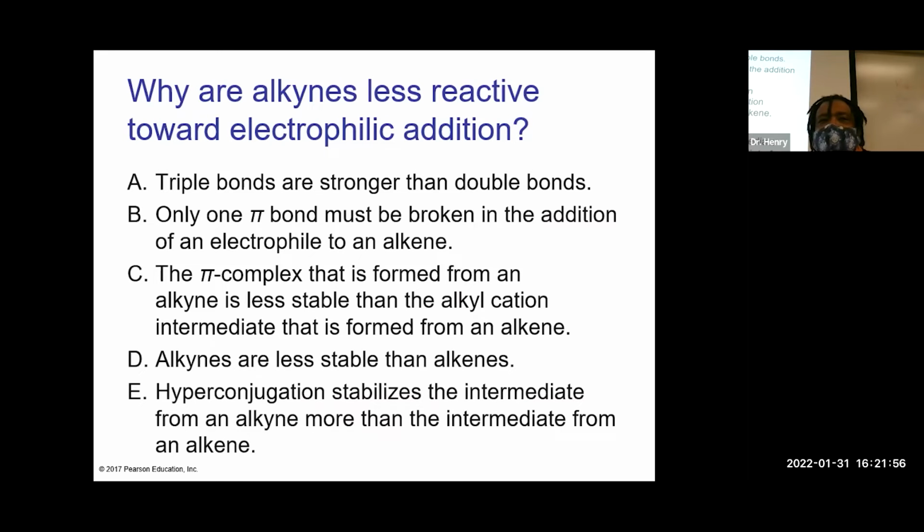I have to make it harder. No, it's not D as in donkey. It's C as in cat. Yes. Because we have to form that complex, which is going to be less stable than the alkyl cation intermediate. That intermediate is what's going to cause our problem.